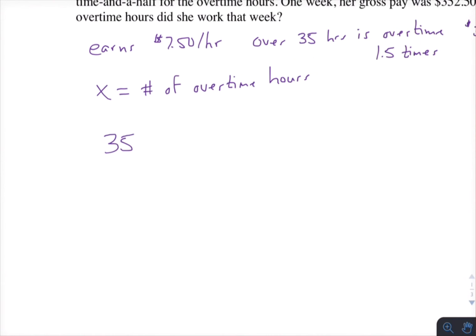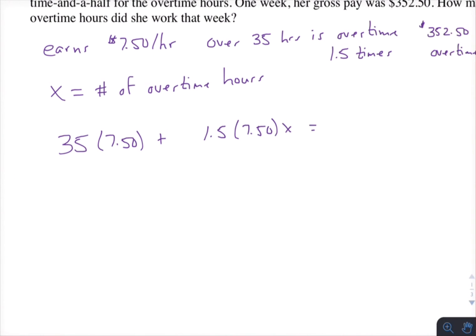So we have 35 hours at $7.50 an hour plus 1.5 times 7.50 times x, and that's going to equal 352.50.